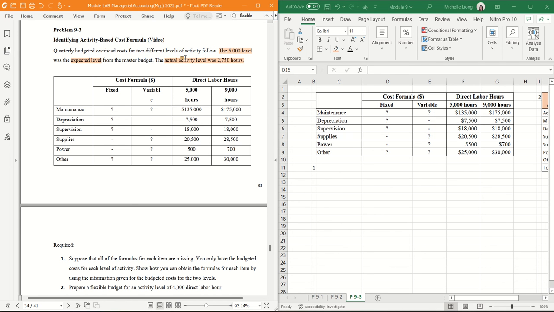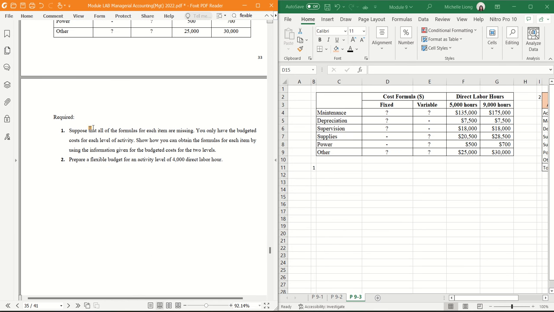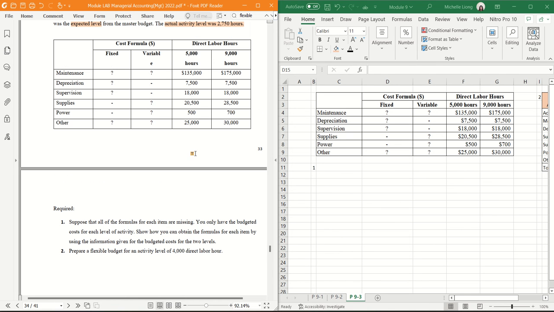But actually, this is not very important right now. Going to the next one, we have the table, and then we have this. The requirement: suppose that all of the formulas for each item are missing. You only have the budgeted cost for each level of activity. Show how you can obtain the formulas for each item by using the information given for the budgeted cost for the 2 levels, which are 5,000 and 9,000.